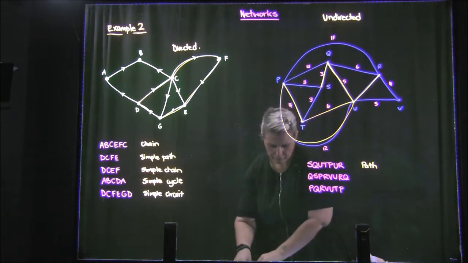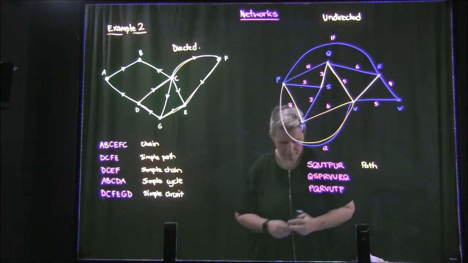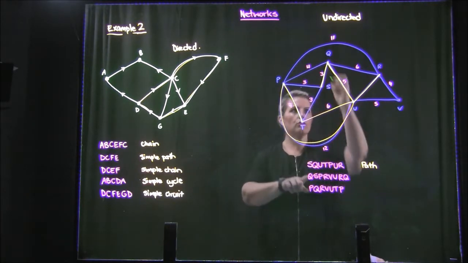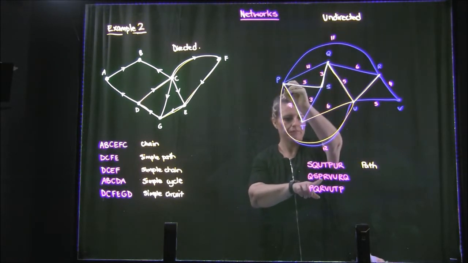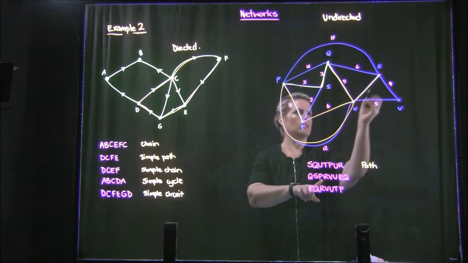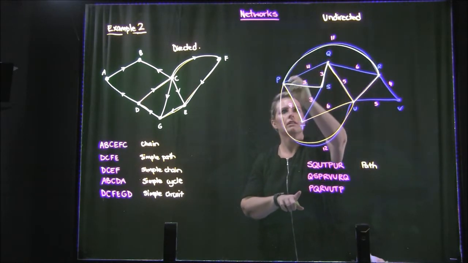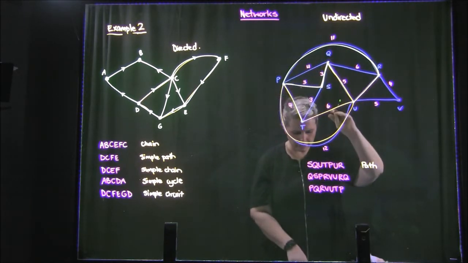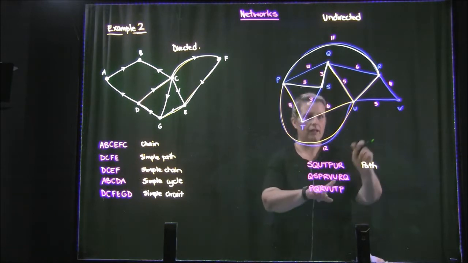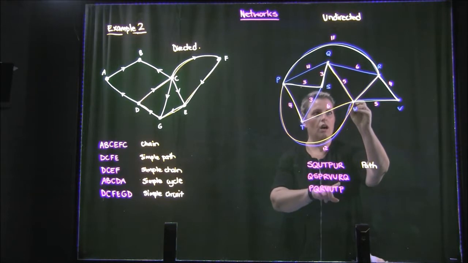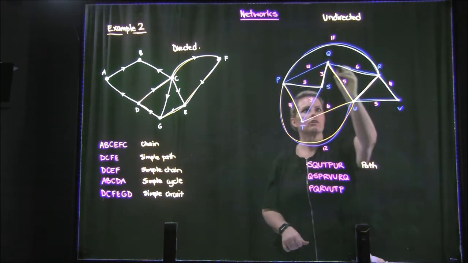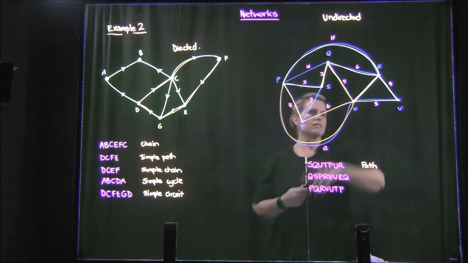Then we have, let's go with green, Q, S, P, R. Where's R? Over here, R. Okay, so follow the green. Q, S, P, R, V, U, R, Q. Oh, look at that.